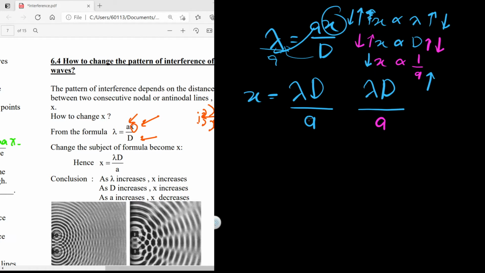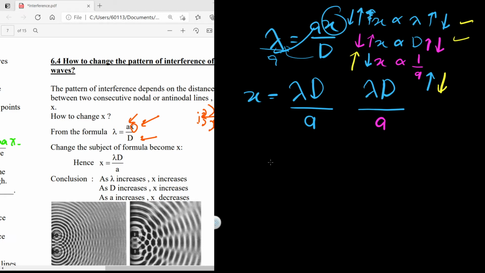So X will go in the opposite way to A. A increases, X decreases. And if A decreases, X will increase. It will go in the other direction. But for directly proportional variables, X will follow their original direction. Lambda increases, X increases. D decreases, X decreases. But for A, it will go the opposite way.